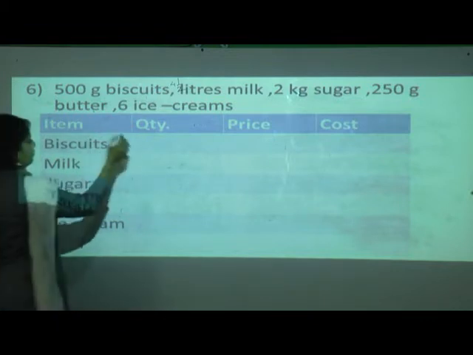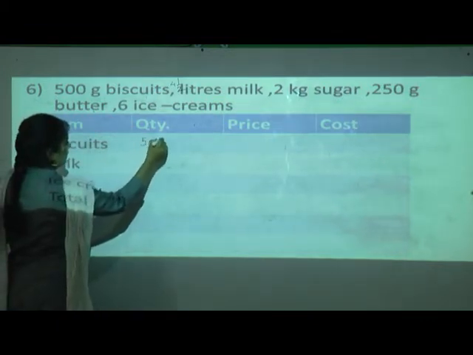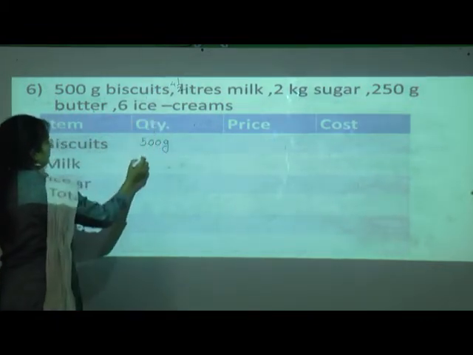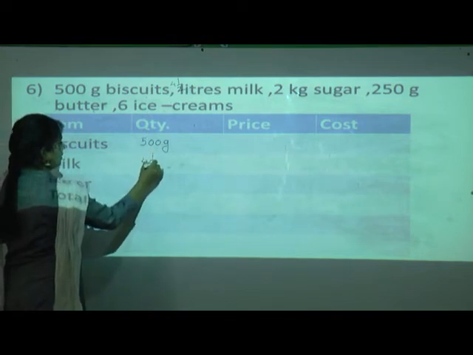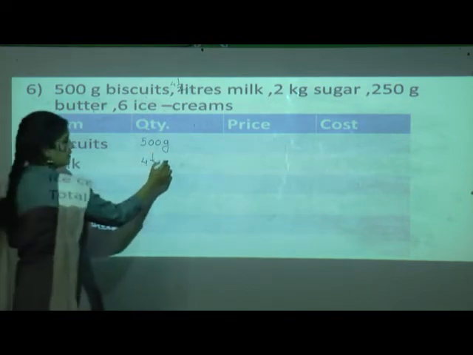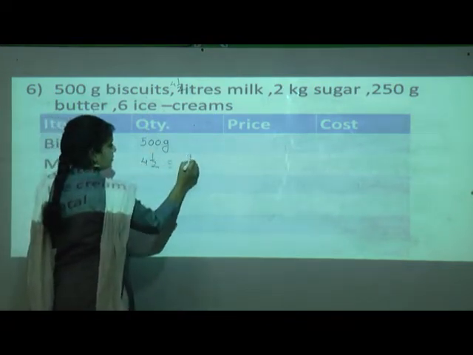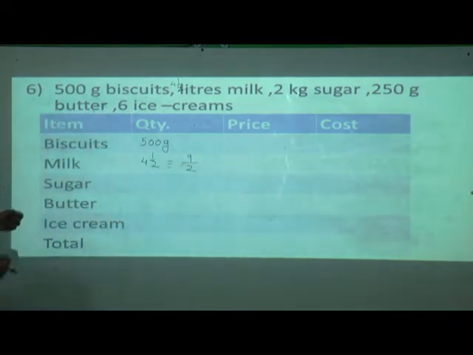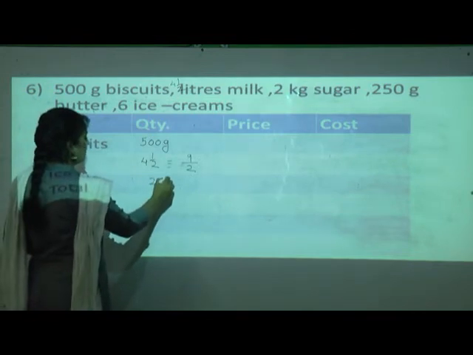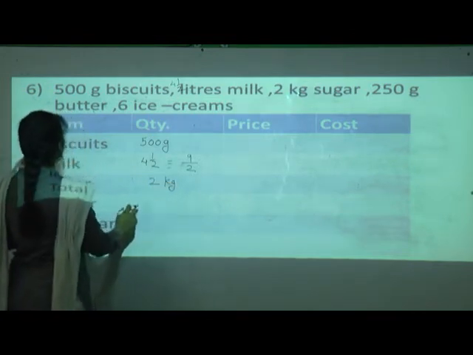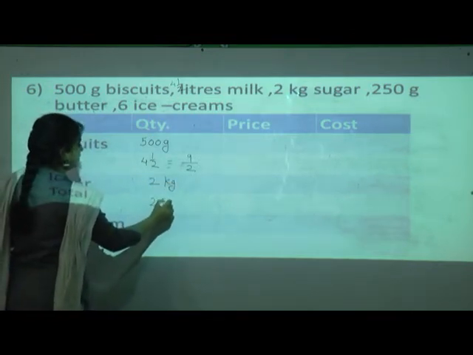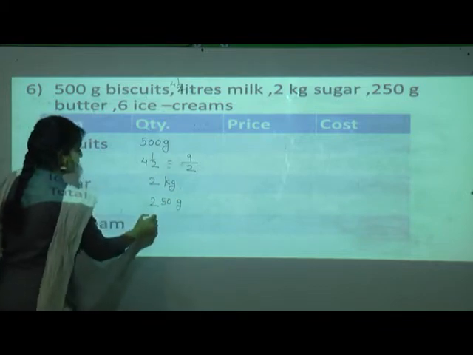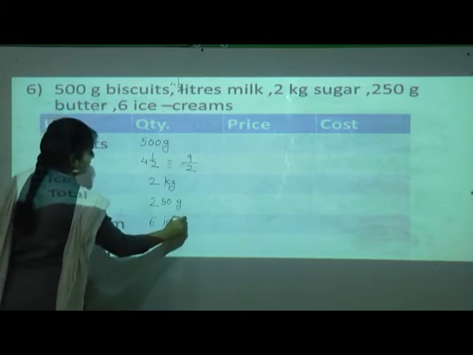Biscuits, we want 500 gram, that means we can write, yes students, 9 upon 2. Now sugar, 2 kg sugar, 250 gram butter, 6 ice creams.